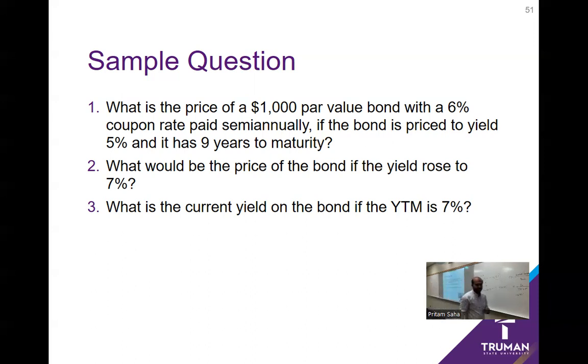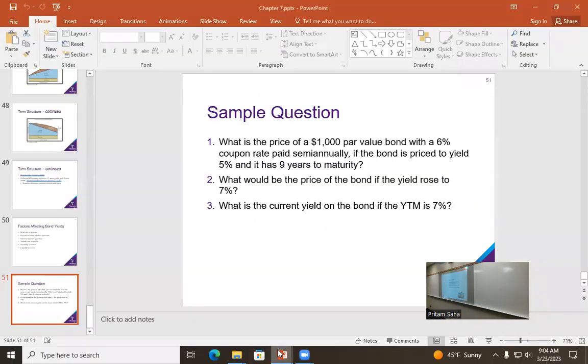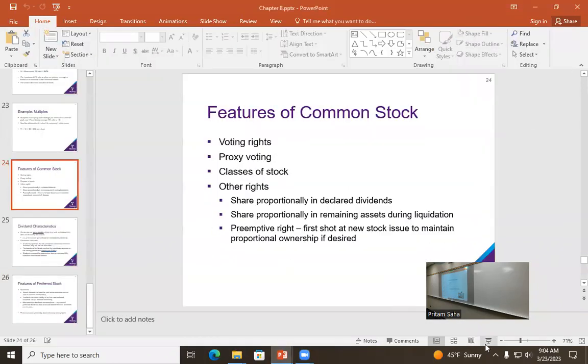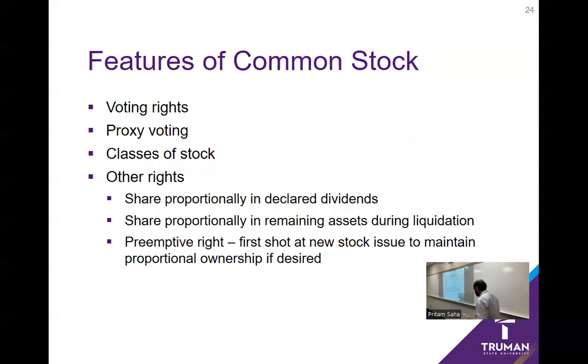So now we're going to move on to chapter 8, stock valuation. In the last class, we talked about bonds, right? We said that a bond is a debt instrument.